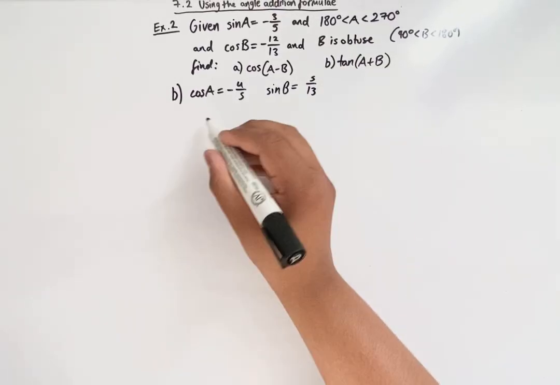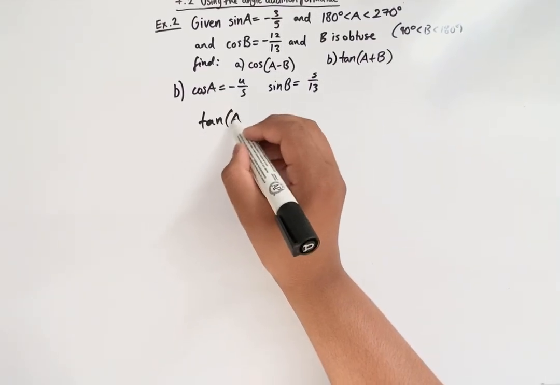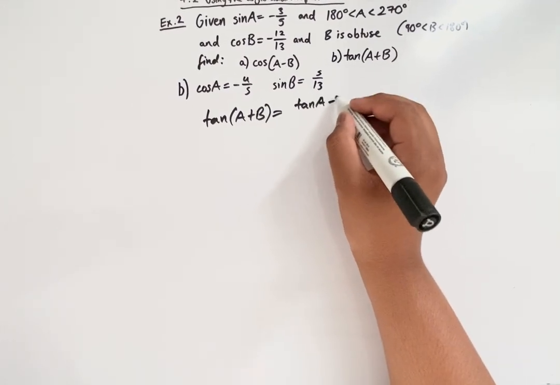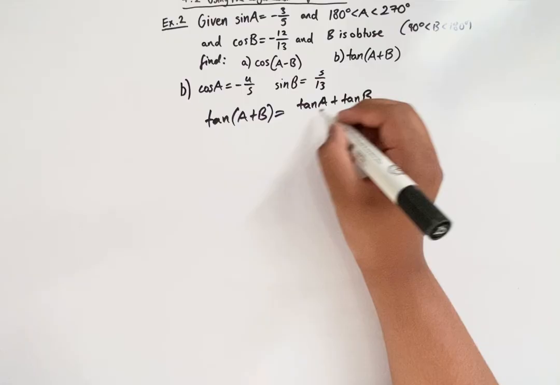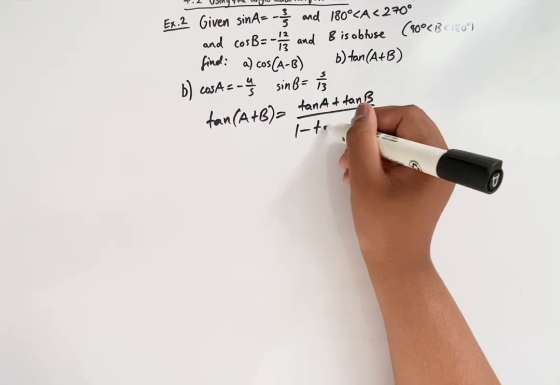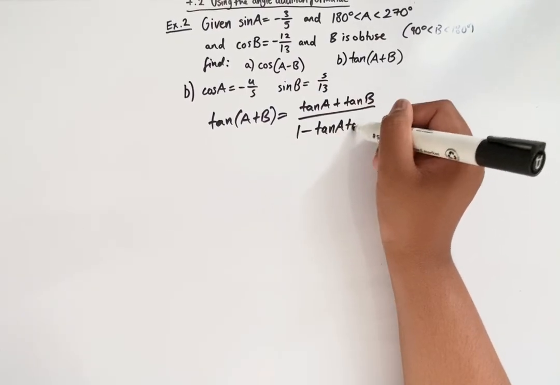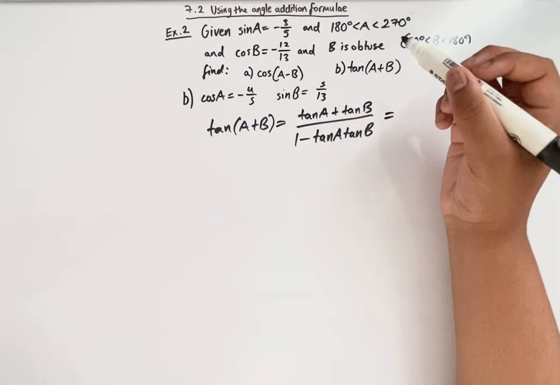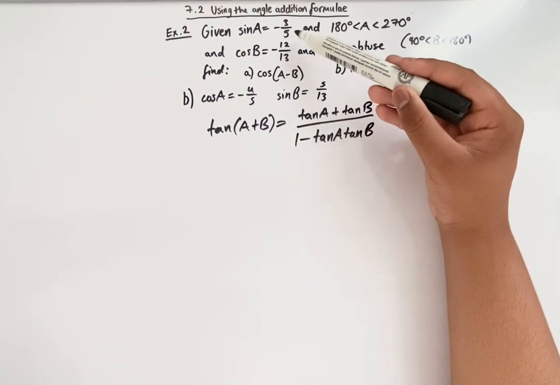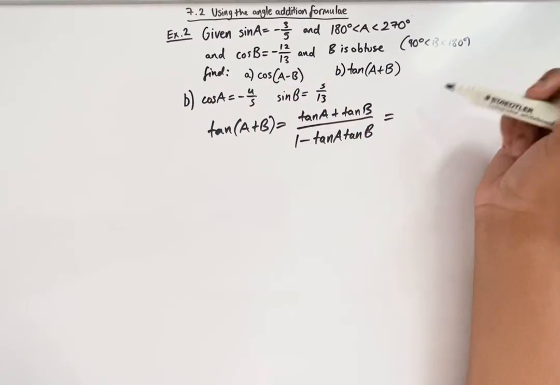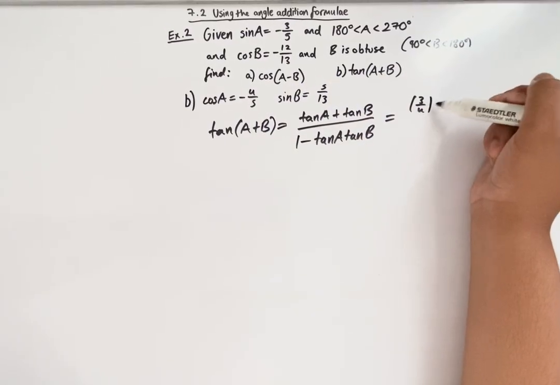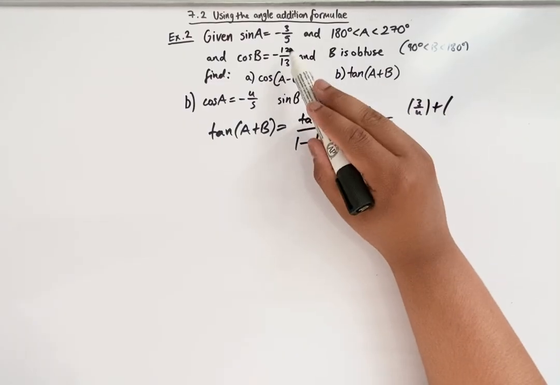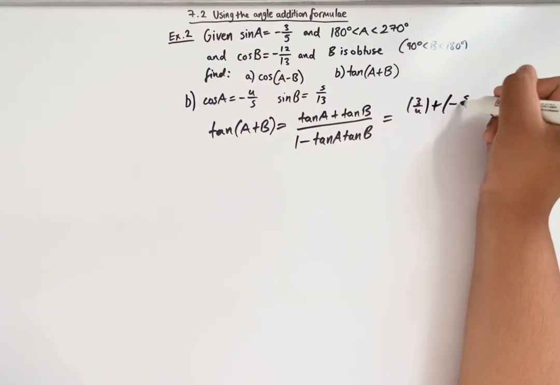5 over 13. Tan of A plus B is equal to tan A plus tan B over 1 minus tan A tan B. We know tan is sine over cos, so this is going to be minus 3/5 over minus 4/5, which is 3 over 4, plus 5 over 13 over negative 12 over 13, which is minus 5 over 12.